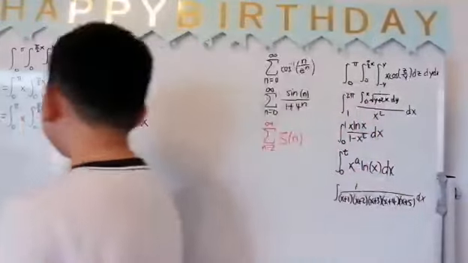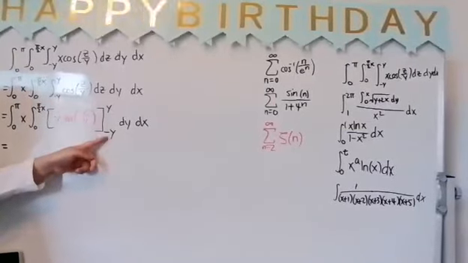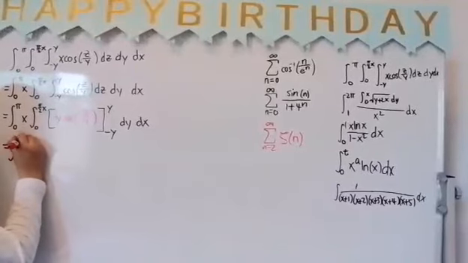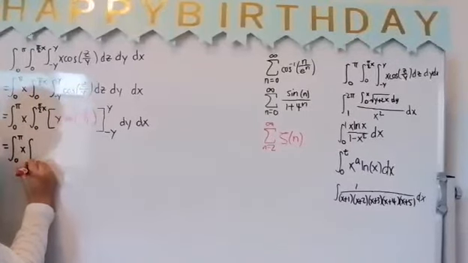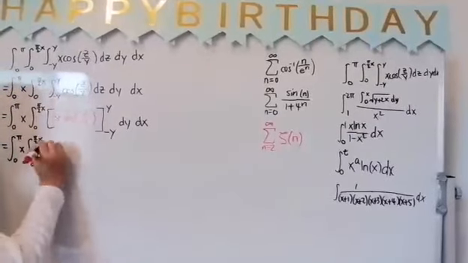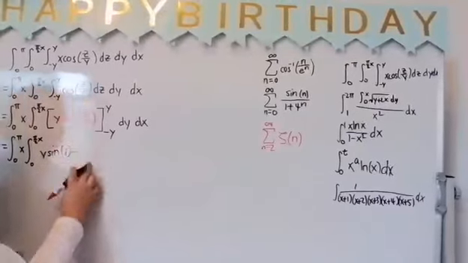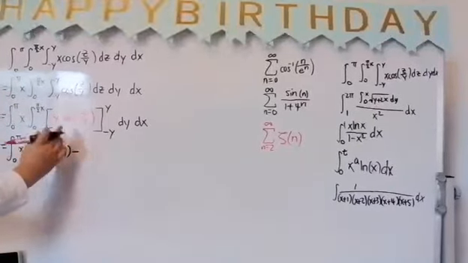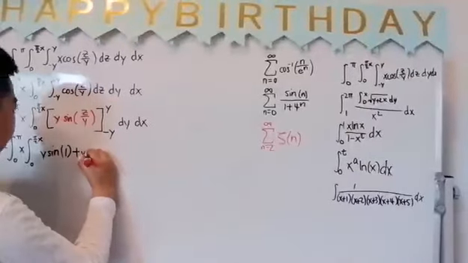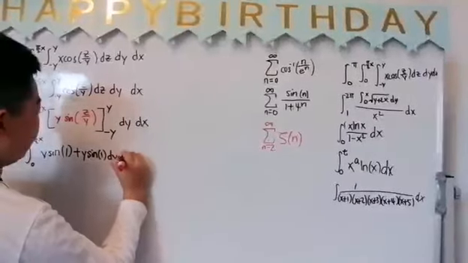So if I plug in these numbers, we get the integral going from 0 to pi of x times the integral going from 0 to pi over 2 times x of y sine of 1, and then you're going to subtract. Once again, sine is an odd function, so this becomes a plus. And then we have y times the sine of 1, of course. And then dy dx.